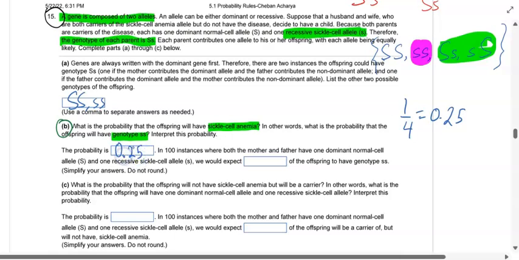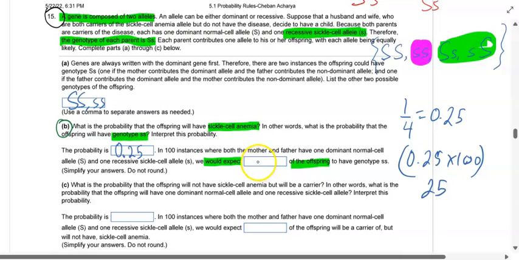That's the answer. And we still have another part of the problem. In 100 instances where both the mother and father have one dominant normal cell allele and one recessive sickle cell allele, we do expect, see, expect here, because in terms of probability of the offspring, out of 100 you multiply 0.25 times 100, which gives you 25.